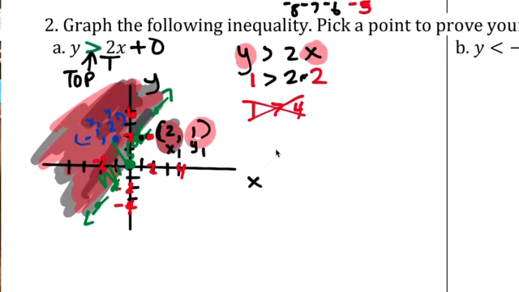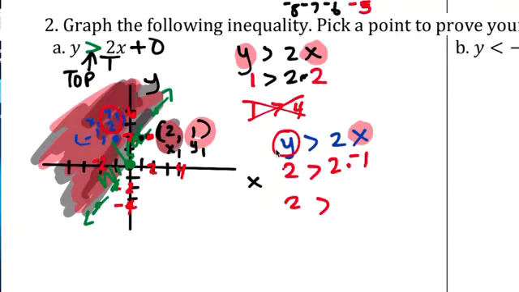So your equation is y is greater than 2x. In place of x, you put -1 times 2, and for y, you put that 2 there. 2 is greater than -2.